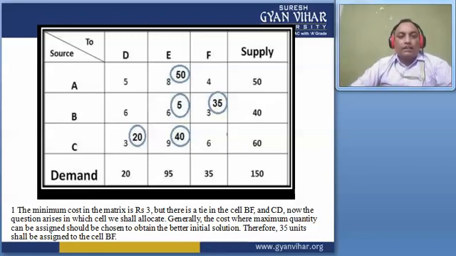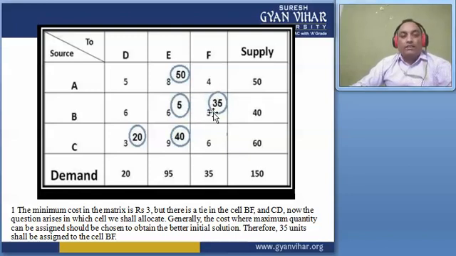Generally, the cell where the maximum quantity can be assigned should be chosen to obtain a better initial solution. Therefore, 35 units shall be assigned to the cell BF.